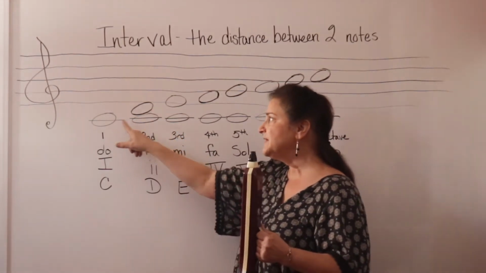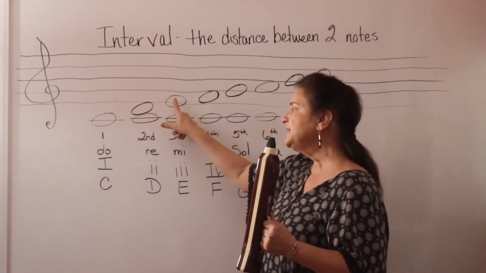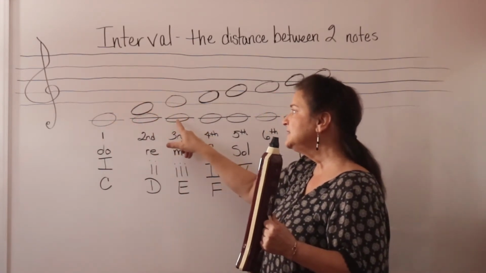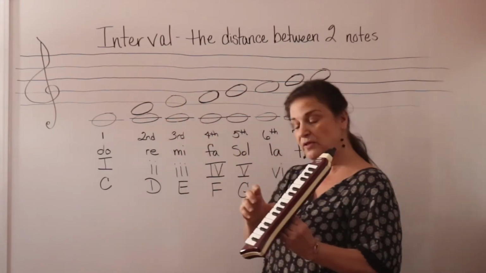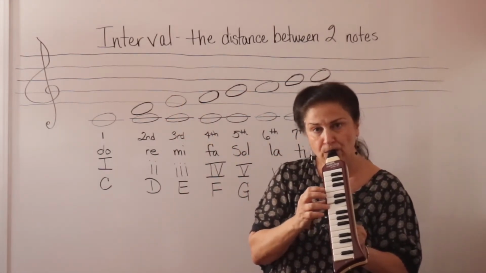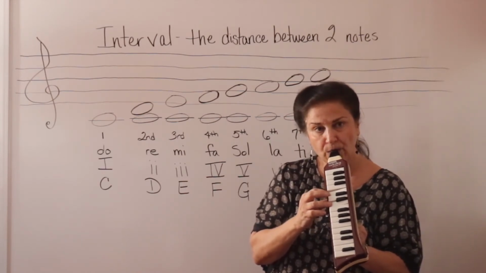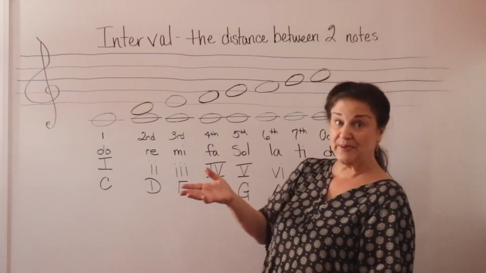Now I'm going to play the C with the 3rd step. C, D, E, 1, 2, 3, 1, 3. I'll play them separately. And now together. Sounds better than the dissonance.